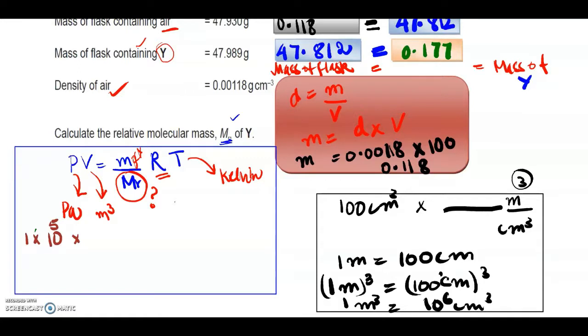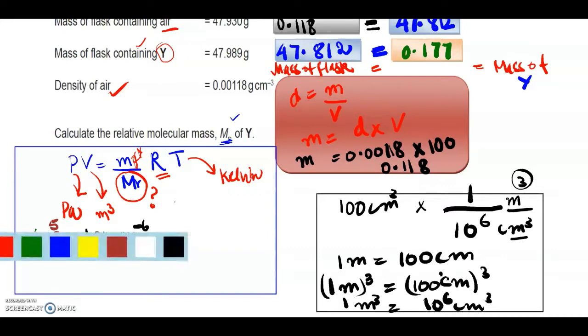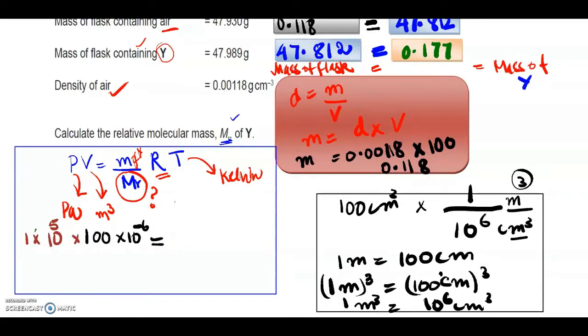By inserting these values, where you put centimeter cube, you put 10^6, and where you put meter cube, you write 1, and you will get your volume, which is 100 × 10^-6.